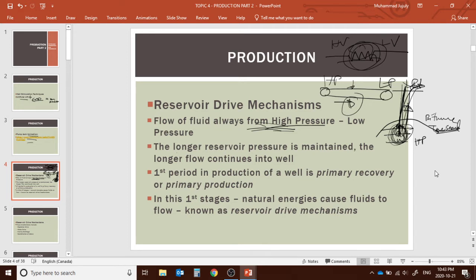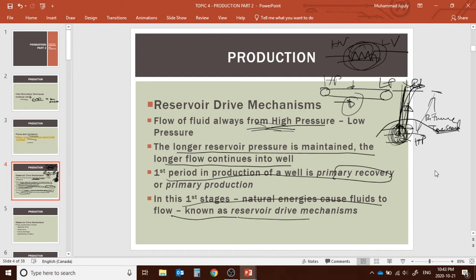Now, the longer the reservoir pressure is maintained, the longer the flow continues to the well. When the reservoir pressure and the surface pressure reach equilibrium, at that point the flow will be hampered, right? Now, the first period in the production of oil is called primary recovery, and in the first stage the natural energy causes fluids to flow.